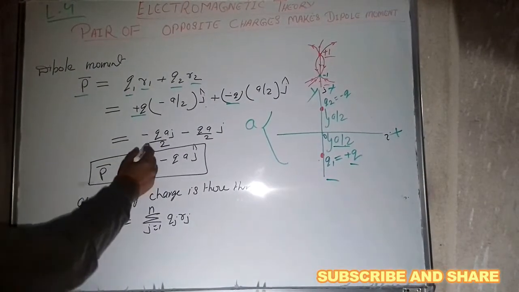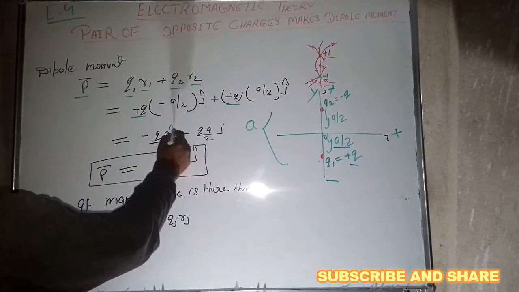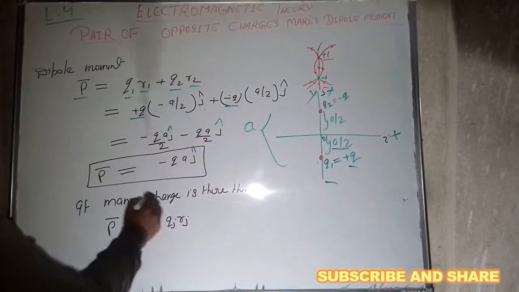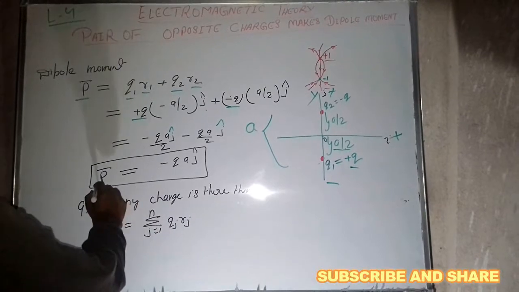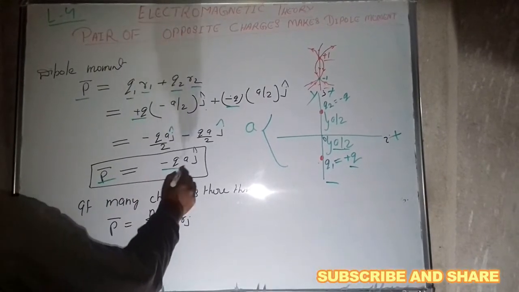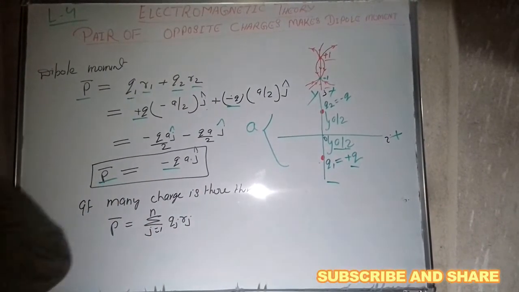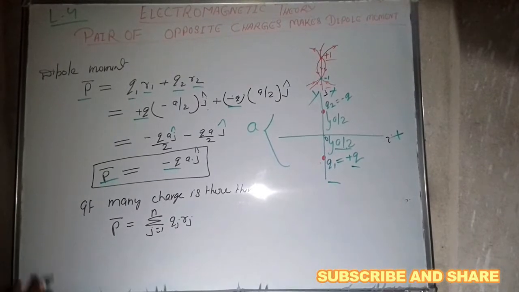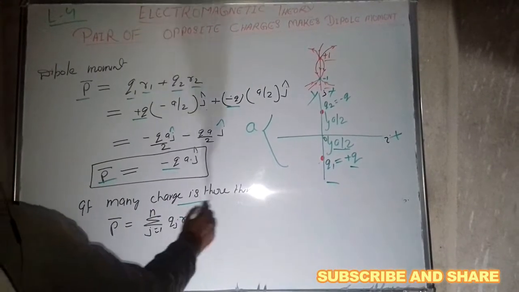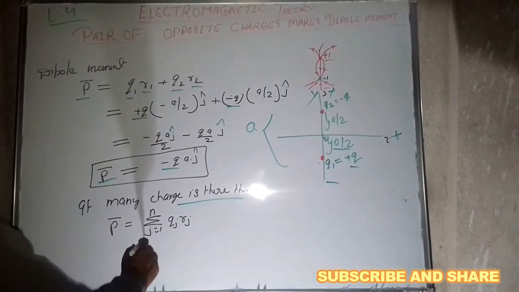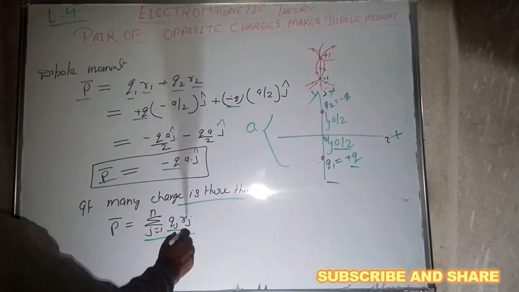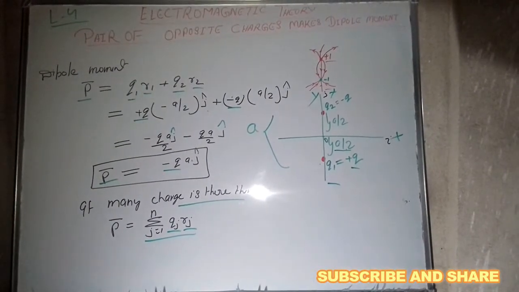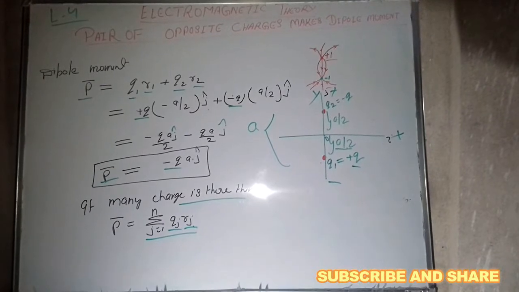So Q a by 2 j minus Q a by 2. So the total dipole moment will be minus Q a j. This is the dipole moment. If there are many charges, then the dipole moment is the sum of charge times distance from the origin.